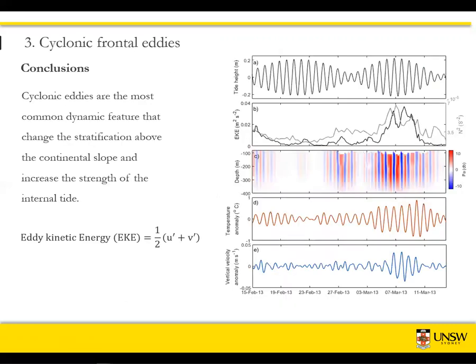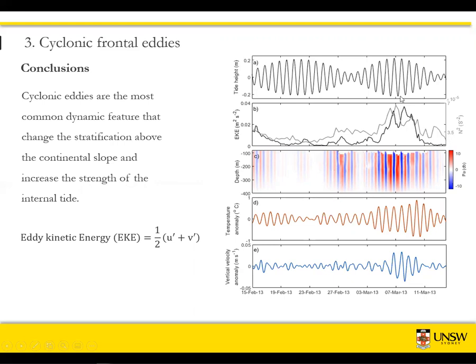The cyclonic eddies increase the stratification. So we can see here 2 cycles of tide, one with no passage of an eddy and another one with a passage of an eddy. And we can see that the eddy increased the stratification. The eddy kinetic energy is in black, and the stratification is in gray.